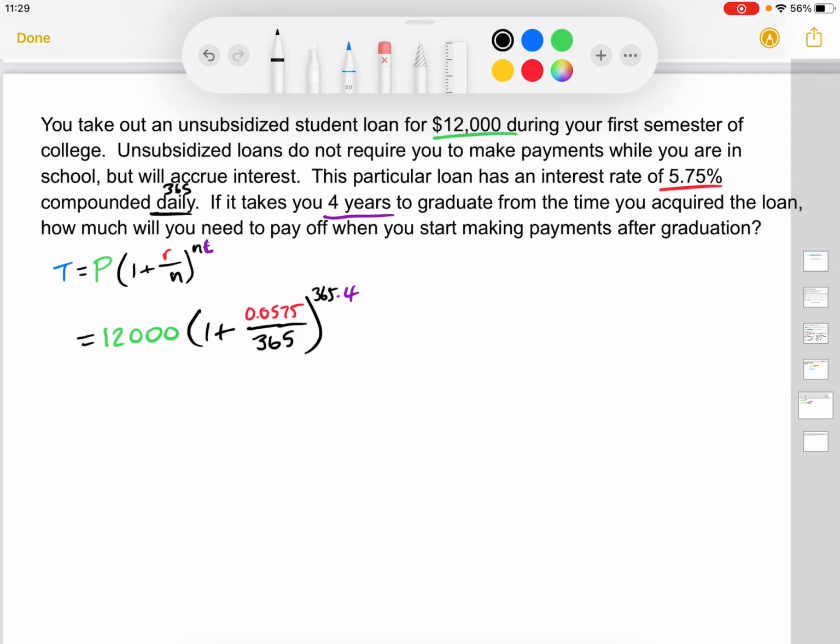So when we go ahead and we calculate this out, we get, let me see here, 12,000 times one plus 0.0575. Sorry, I didn't have this one plugged into my calculator already, so I'm calculating it out now.